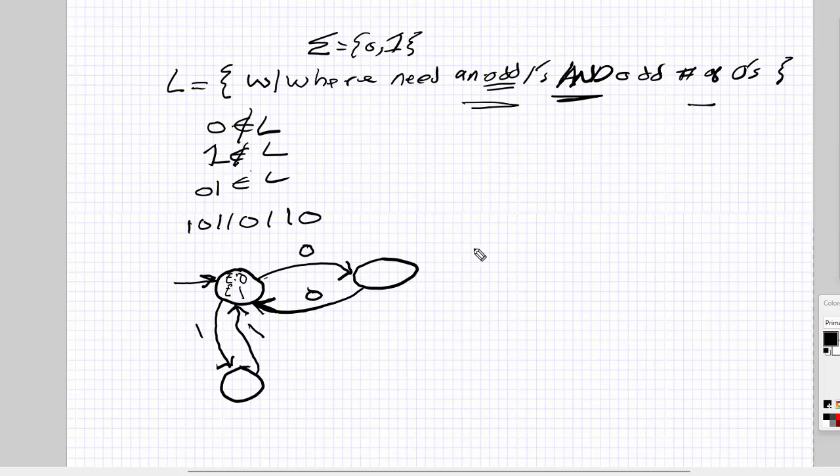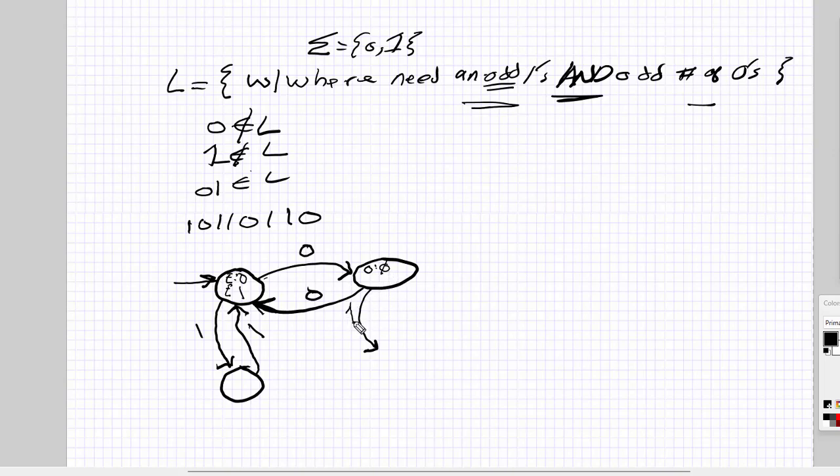So let's assume that in this state here, I read a 1 because I've read a 0. If I read a 1, I go to this state. In this state here, I will always have an odd number of zeros, so odd for O, and for 0 I'm going to make a strike like that in there. I'll always have one 0 because I received a 0 and then I passed it.